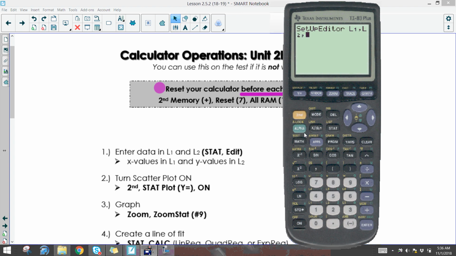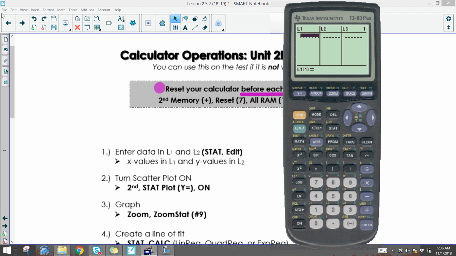Second L2, comma, second L3, comma, second 4, second 5, and second 6. So basically you're setting up your lists to be numbered L1 through L6, and then you hit enter and it says done. That would change it back to this screen. So just a little FYI. That rarely happens anymore, but sometimes it still does.